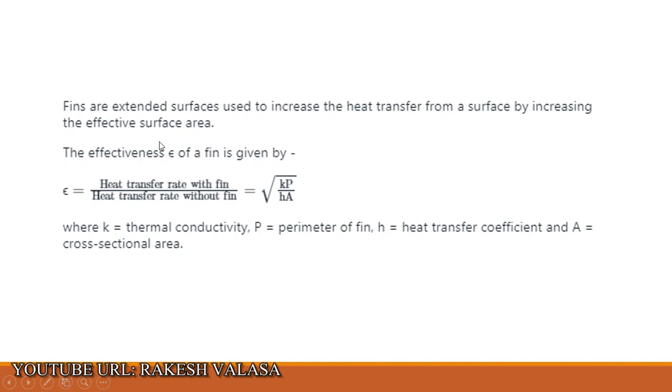The effectiveness of a fin is the ratio of heat transfer rate with fin to heat transfer rate without fin, which equals square root of kP by hA. K means thermal conductivity, P means perimeter of fin, h means heat transfer coefficient, A means cross sectional area.